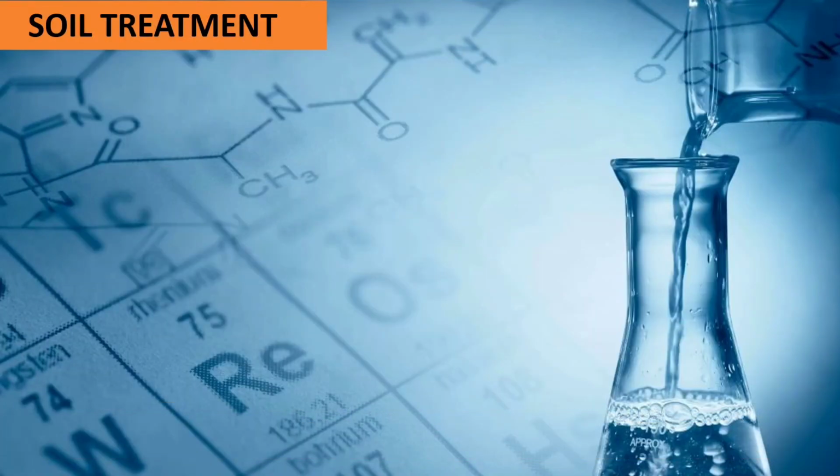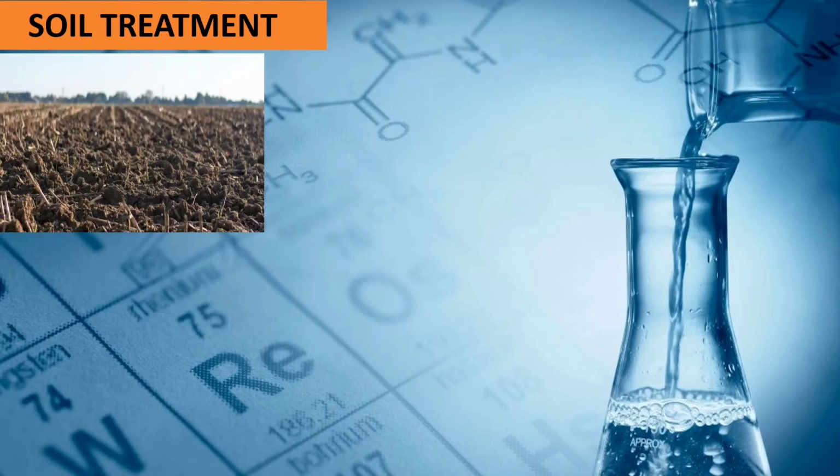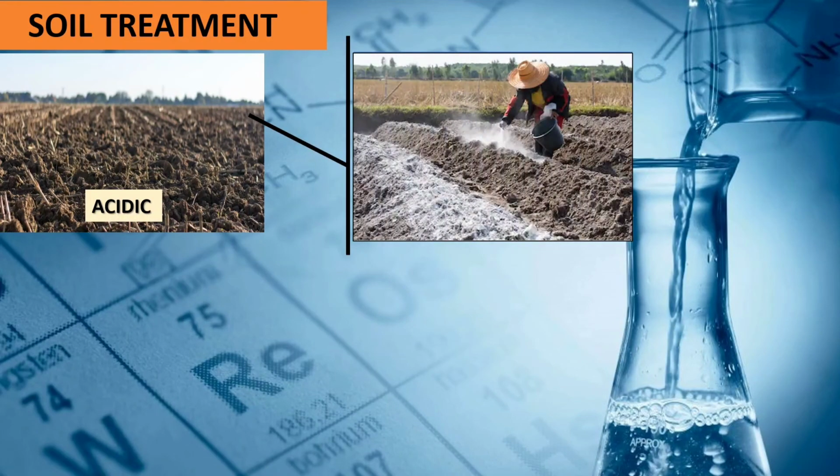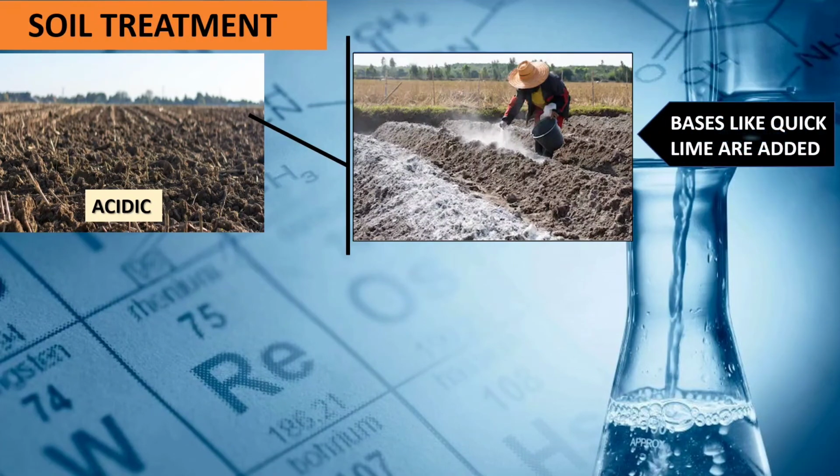To grow plants on this kind of soil, if the soil is very acidic, we are going to add bases to it, like quicklime or any other kind of base. We treat the soil with base so that it neutralizes and the plant can grow on it.